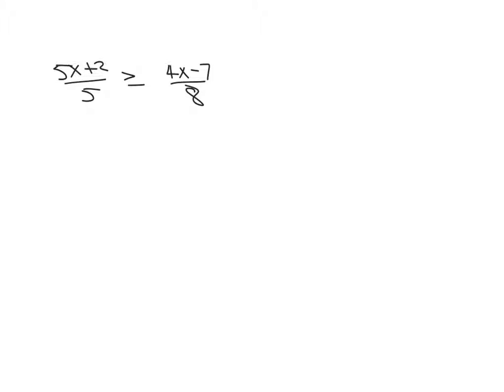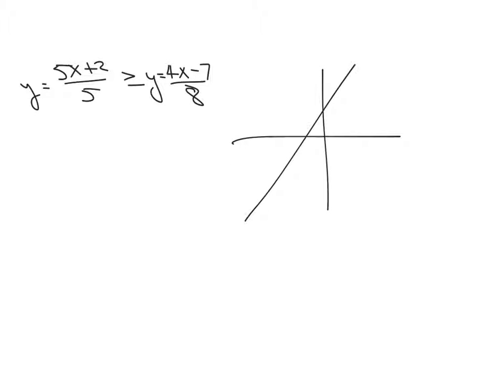All right, so using the intersection method, again, all you do is set this one equal to y and this one equal to y, and go ahead and graph it, and you get a graph that kind of looks like that. And you're going to be able to find x and then find y, and at that point, that intersection is the solution.